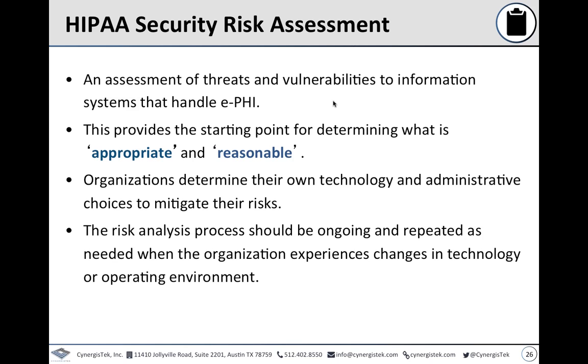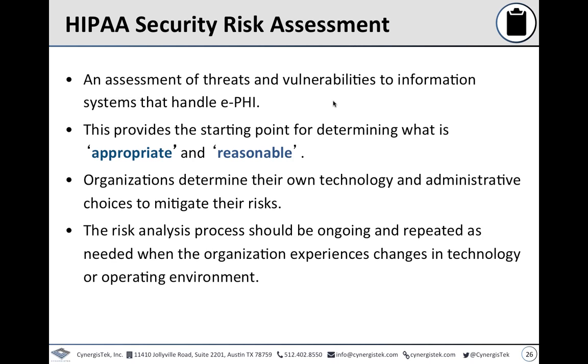And the baseline approach is to conduct the security risk assessment that is in the security risk management process in the security rule. So perform a security risk analysis that takes an objective look at the threats and vulnerabilities to information systems that handle e-PHI.